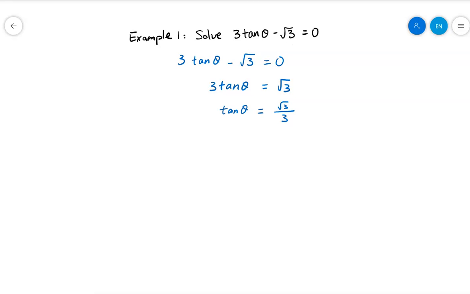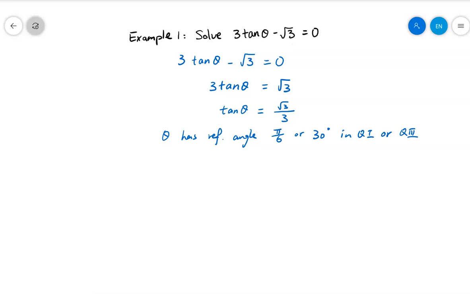tangent theta equal to square root 3 over 3 tells me that theta has a reference angle of pi over 6, or in degree form, 30 degrees. And because tangent theta is positive, we also know that theta is in quadrant 1 or quadrant 3.